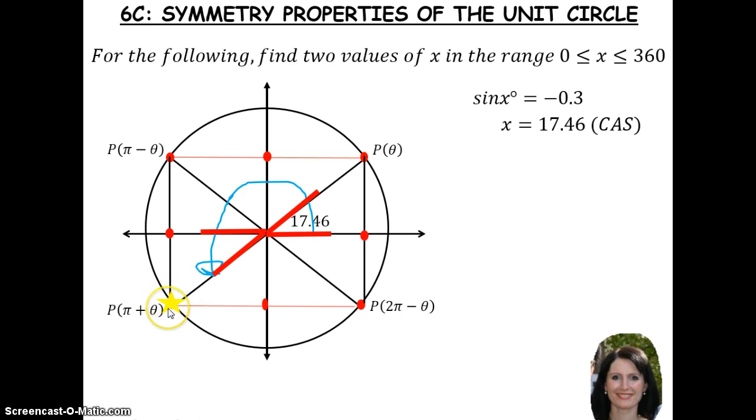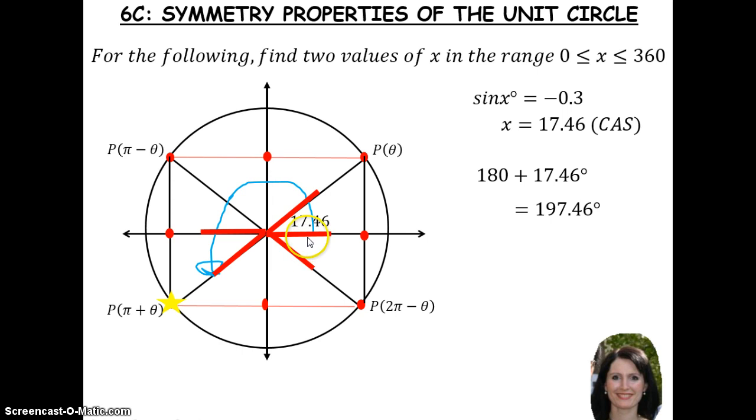So I've got 180 plus 17.46, which gives me 197.46. So one of the angles where sine of that angle equals negative 0.3 is sine 197.46, which is going to give me a value of negative 0.3. My length here, or my sine value here, is going to be negative 0.3.